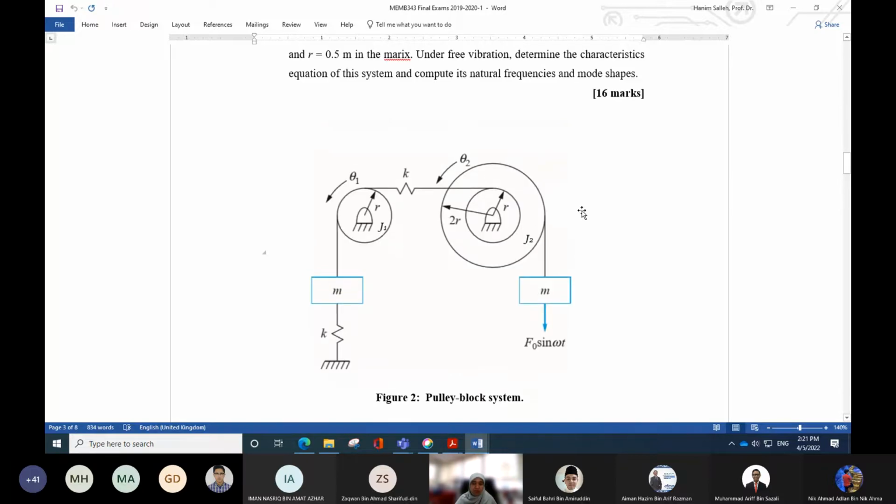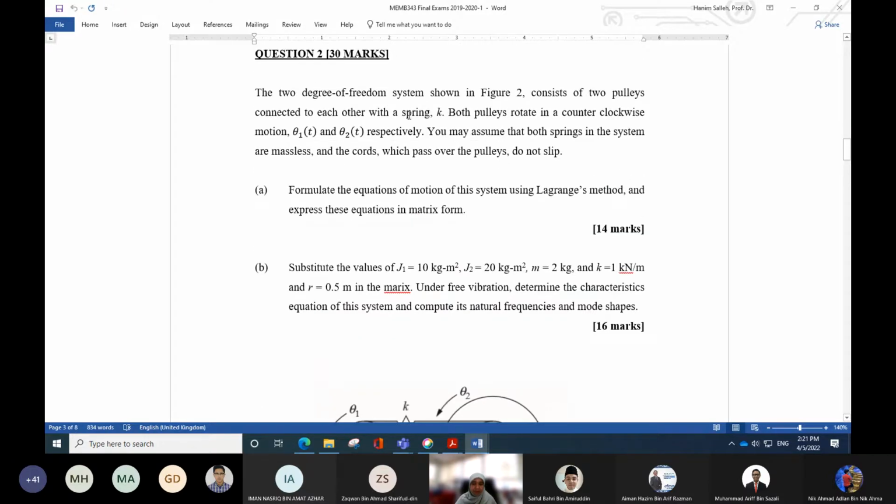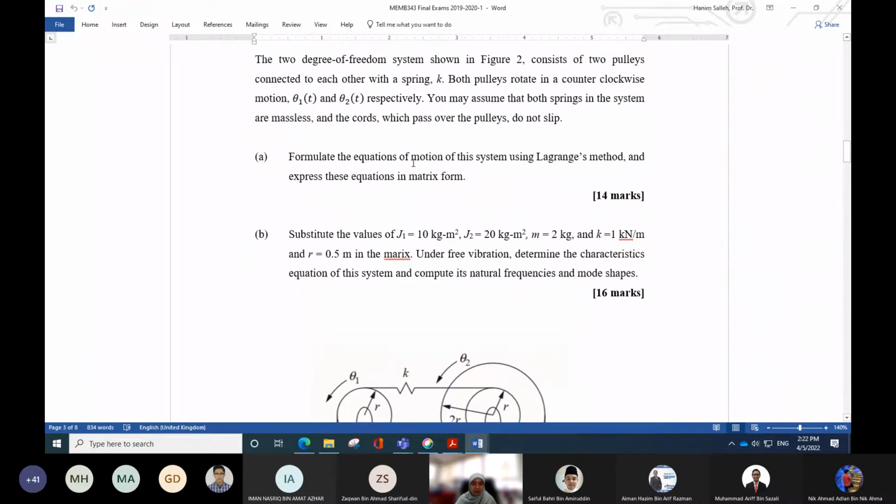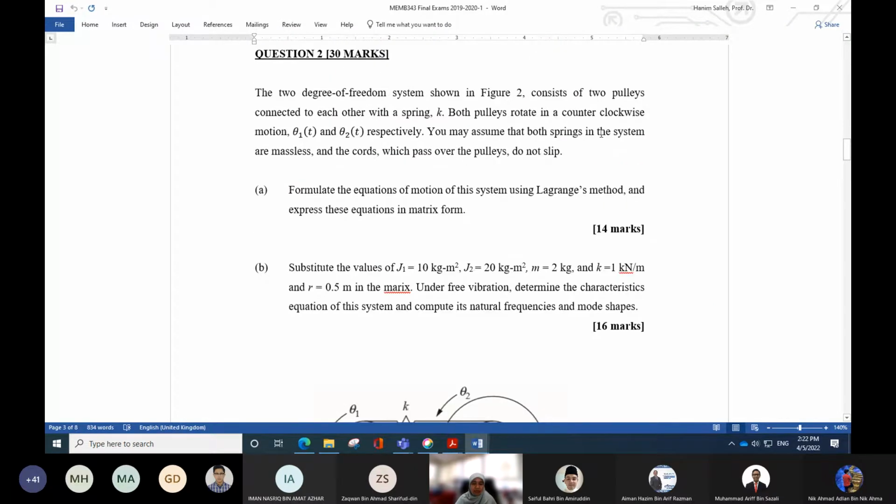They gave to you already that both pulleys rotate counterclockwise, theta 1 and theta 2 respectively. You may assume that both springs in the system are massless and the cords which pass over the pulleys do not slip. Sorry, not the pulley. The springs in the system are massless.